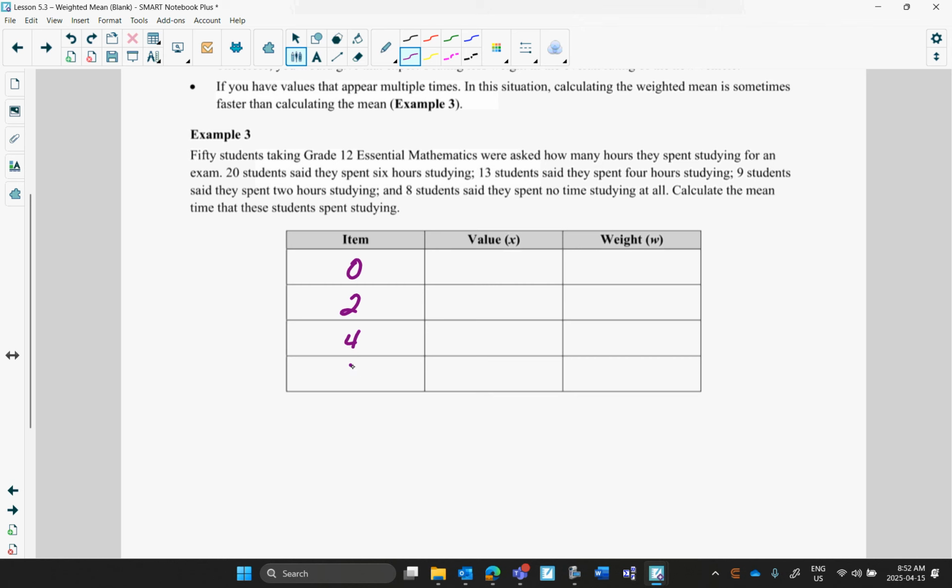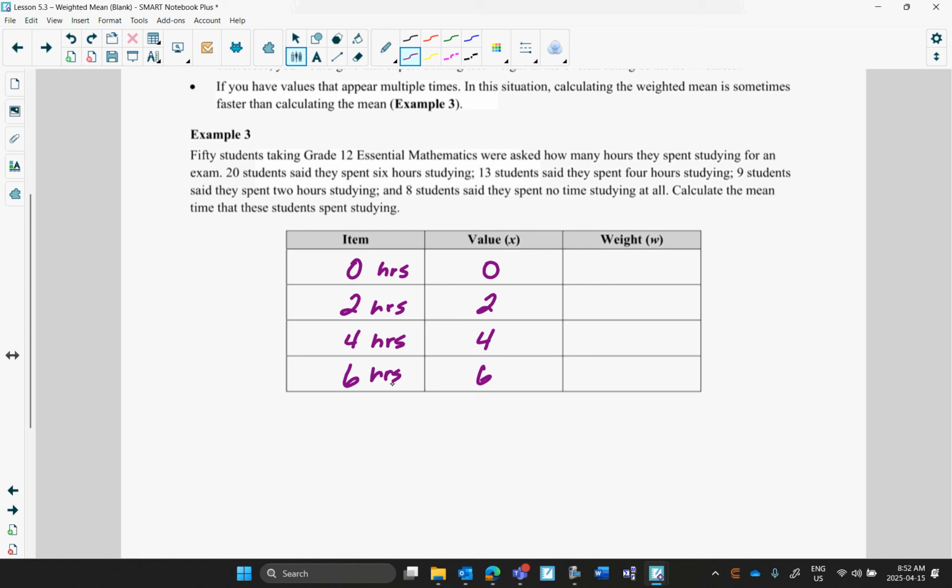Yeah, 2, 4, 6. So what's the value of each? 0, 2, 4, 6. We've got 4 categories. The value of each category is 0, 2, 4, 6.